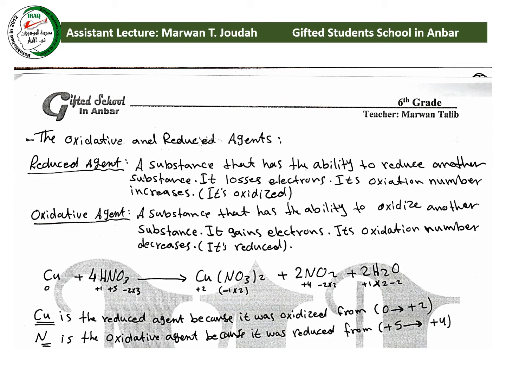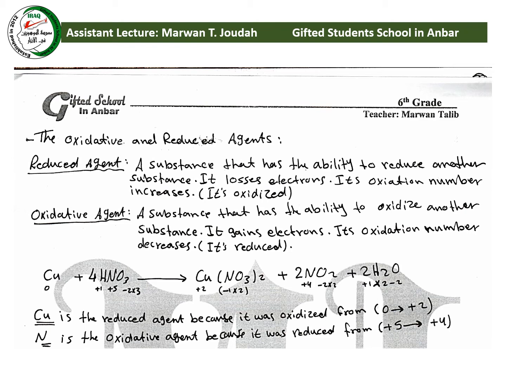It's oxidized, or its oxidation number increased. As we mentioned previously, when an oxidizing process takes place, the oxidation number increases and there is a loss of electrons, okay.